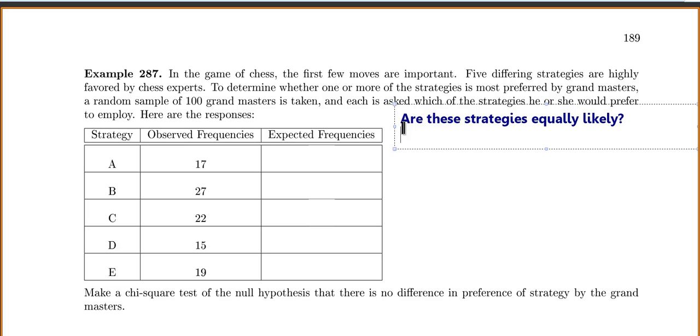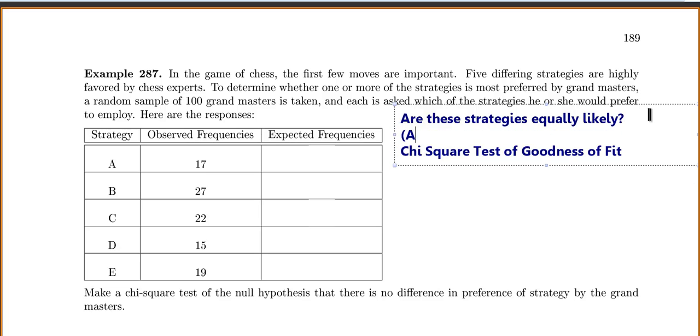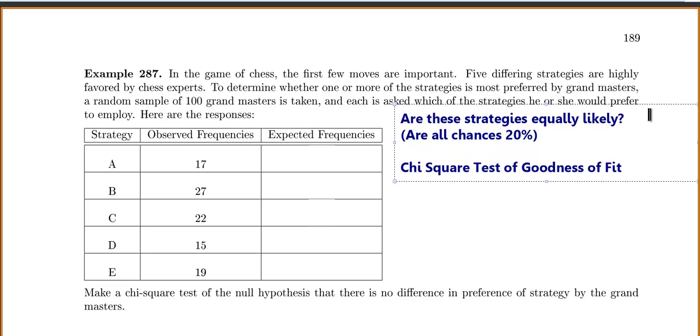And so this would be a chi-square test of goodness of fit. Because we're wondering if they're equally likely, are all the percentages 20%, because there's 5 of them. 100 divided by 5 is 20.